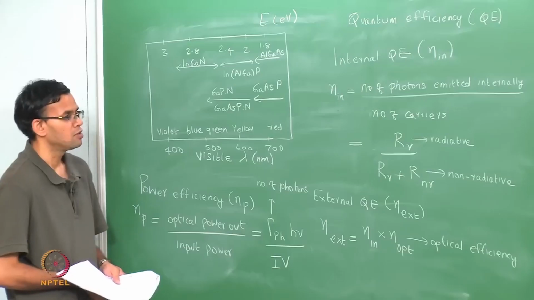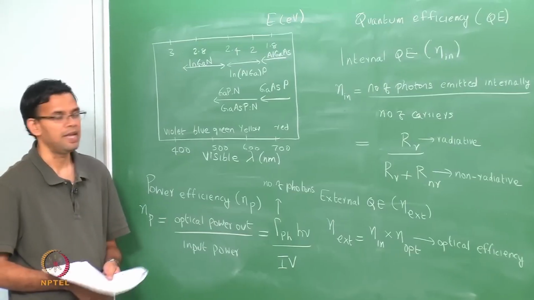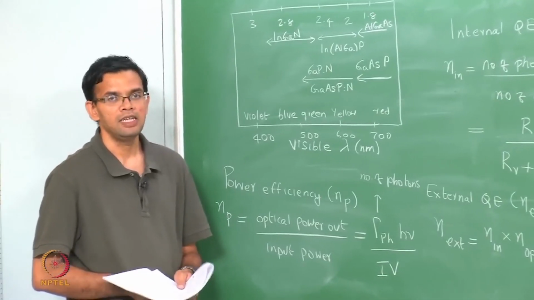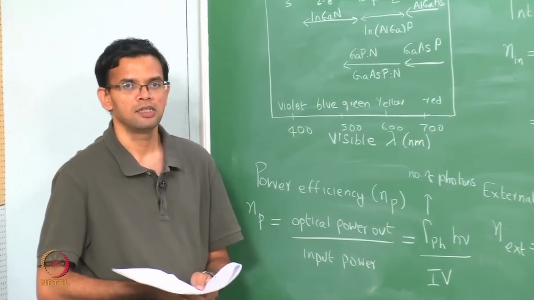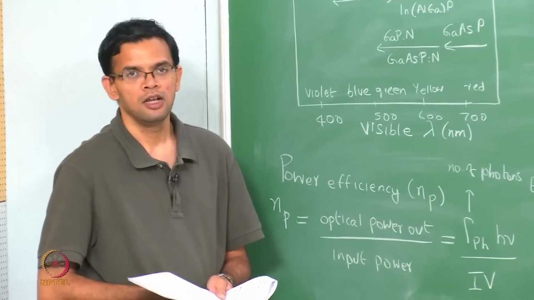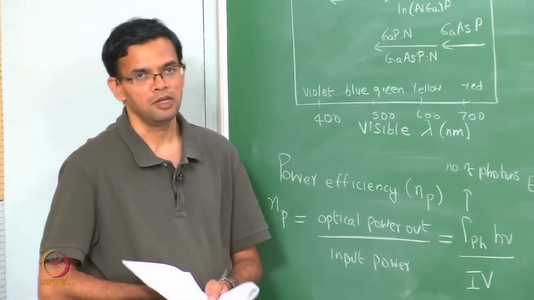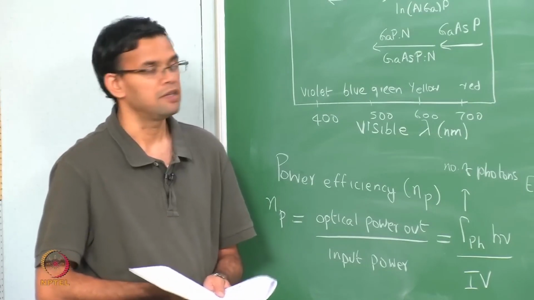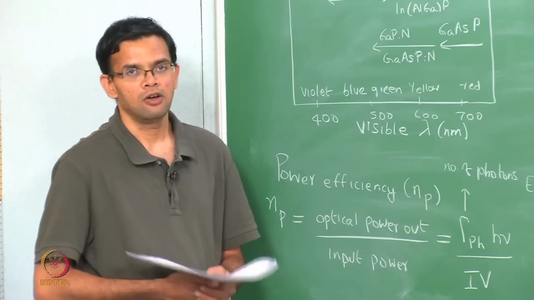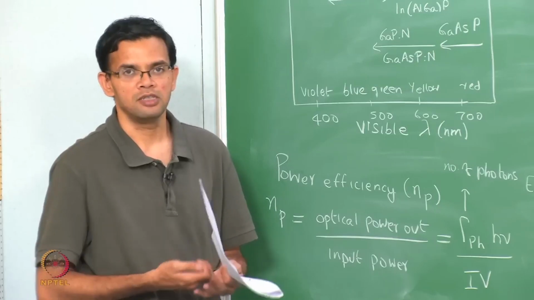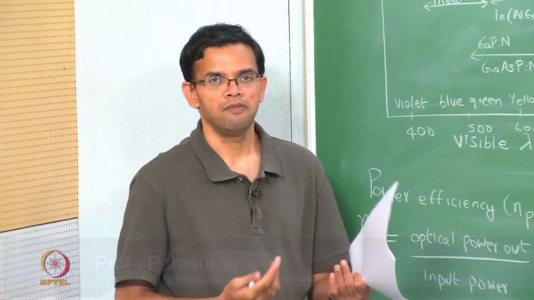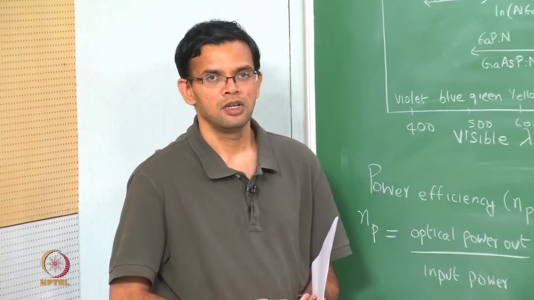So far we have looked at LED materials that are mainly based upon semiconductors. You can also have LEDs based upon organic materials, these are called OLEDs. We will not talk much about them here because we mainly deal with inorganic semiconductor materials, but OLEDs also work on a similar principle. In this case you have an organic material which is your active material sandwiched between two electrodes.